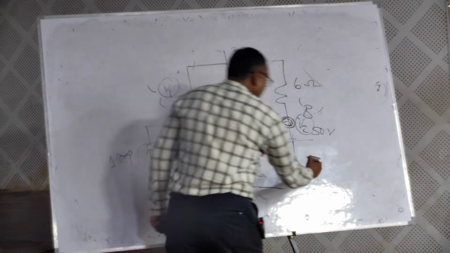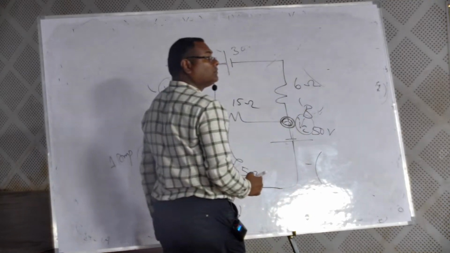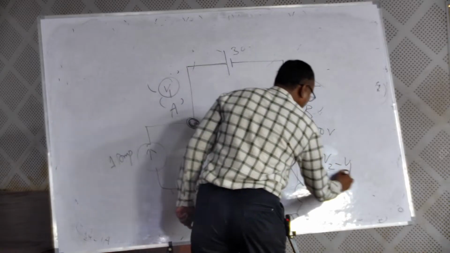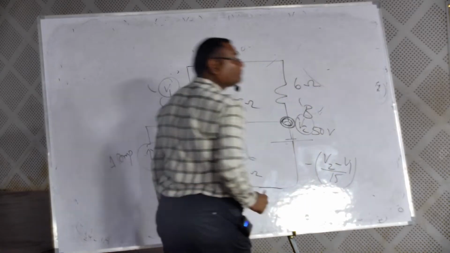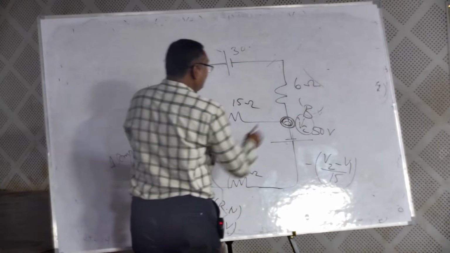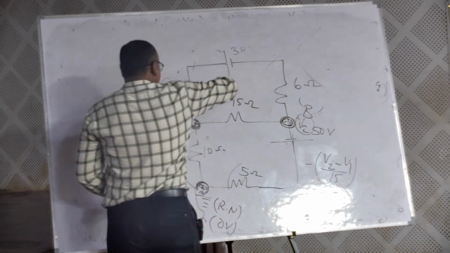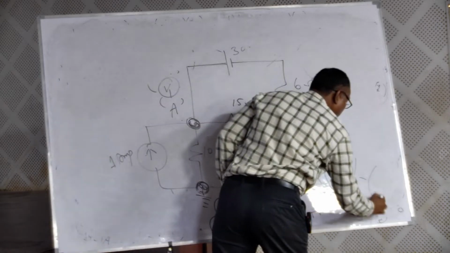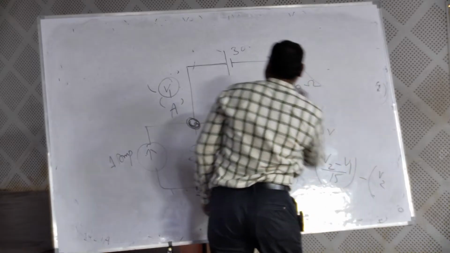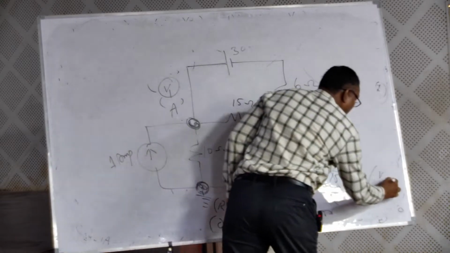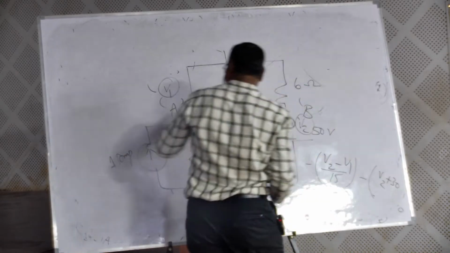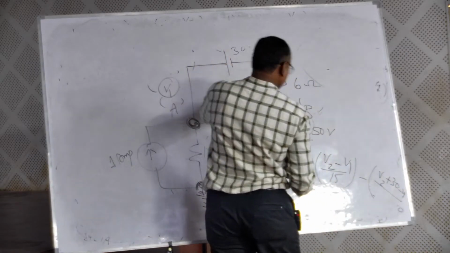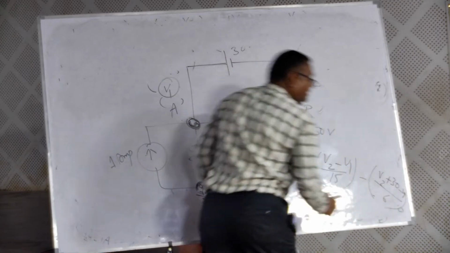Now the minus of V2 minus V1 by 15. Then second, minus of V2 minus, plus 30 minus V1, lower potential, by 6.